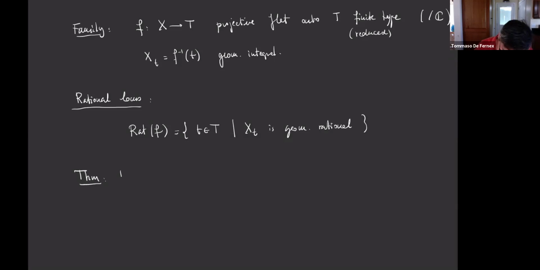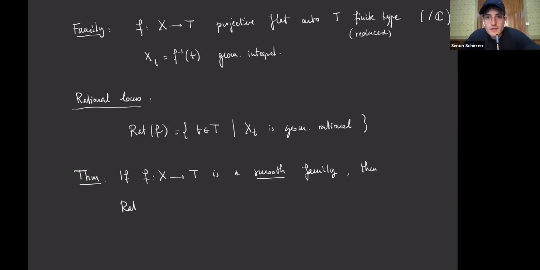If f from X to T is a smooth family, then the rational locus... Can I ask something? Yes. If we work over the complex numbers, then this condition, X_t is geometrically rational, is only an actual condition at a generic point, right?